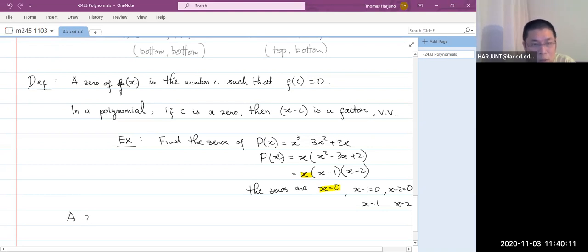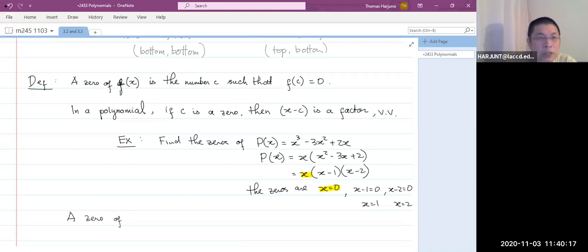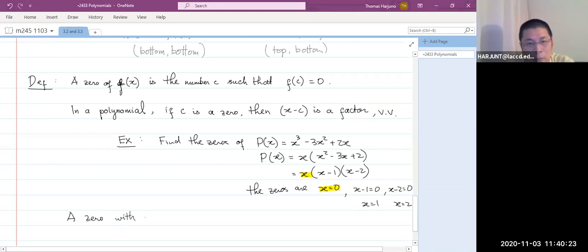A 0 with multiplicity of n. Maybe I don't use n, I use m.